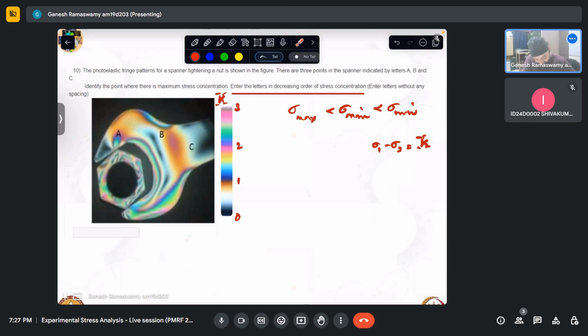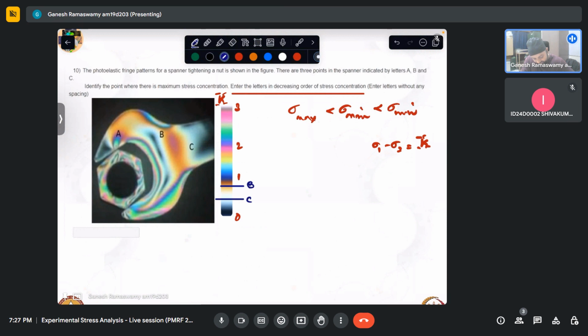So C is somewhere over here. C is clearly somewhere over here. This is C. And then if we go to B, B is somewhere over here, somewhat yellow to this thing.